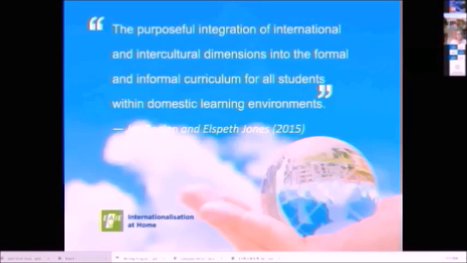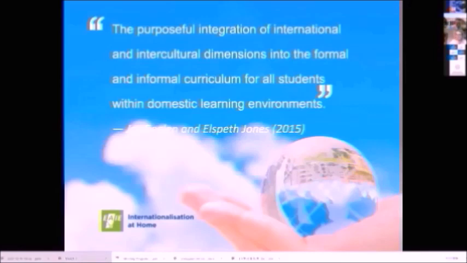But the domestic learning environments means that students can learn from all kinds of international and intercultural contexts within their home learning environment, not simply within the university. So how can we create opportunities for students to experience international and intercultural dimensions, maybe thinking about different institutions or different companies or different organizations which come from different cultural backgrounds, that we can help to support our students in gaining those intercultural perspectives.